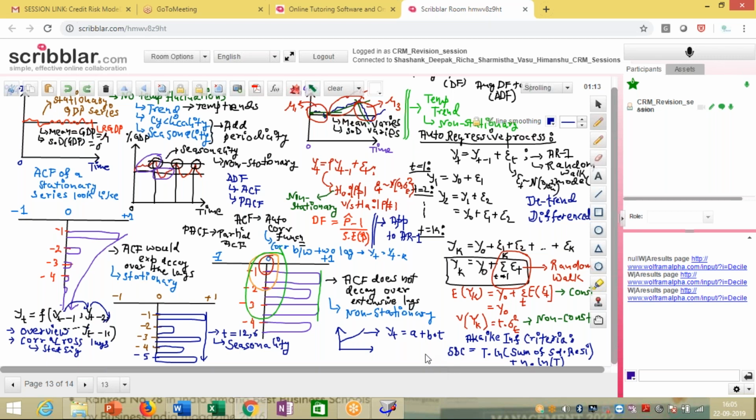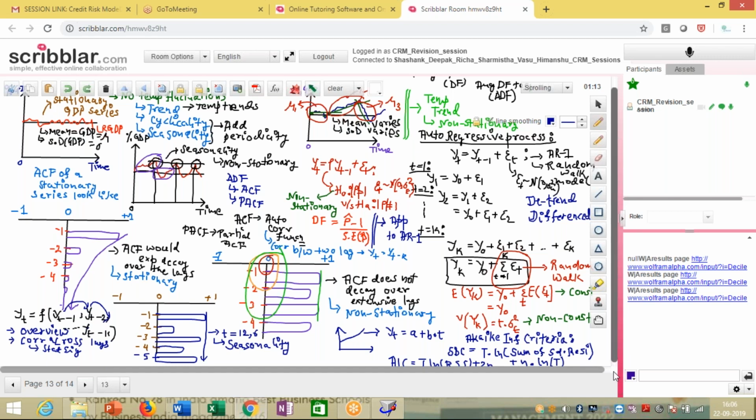So similarly, AIC also has a similar formation, right? If I write AIC, it is T natural log RSS, or the residual sum of squares, plus 2n.